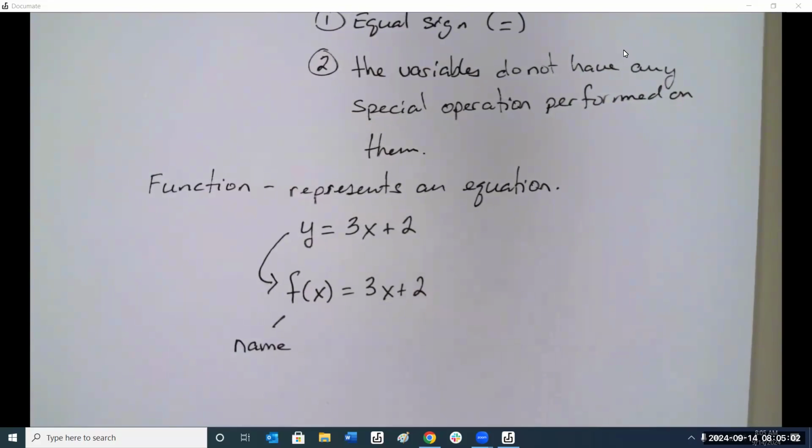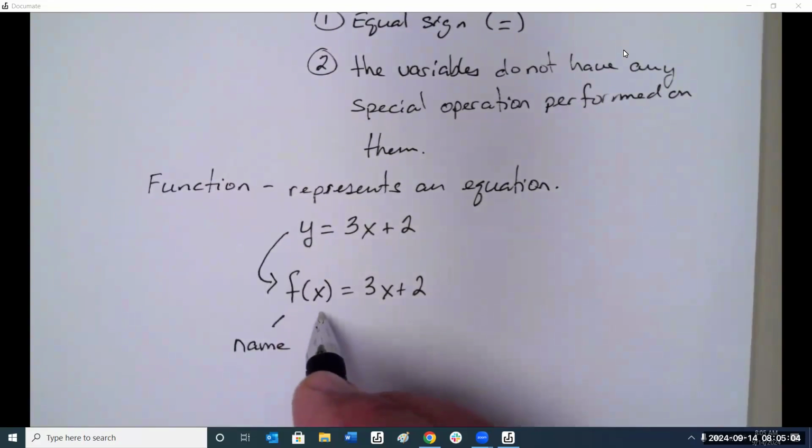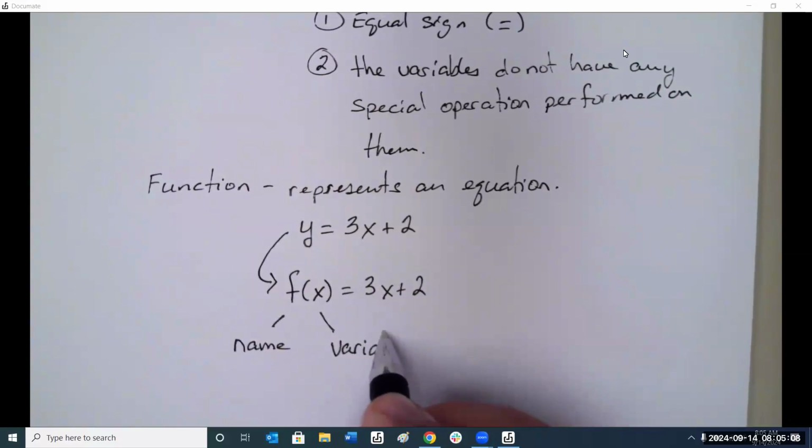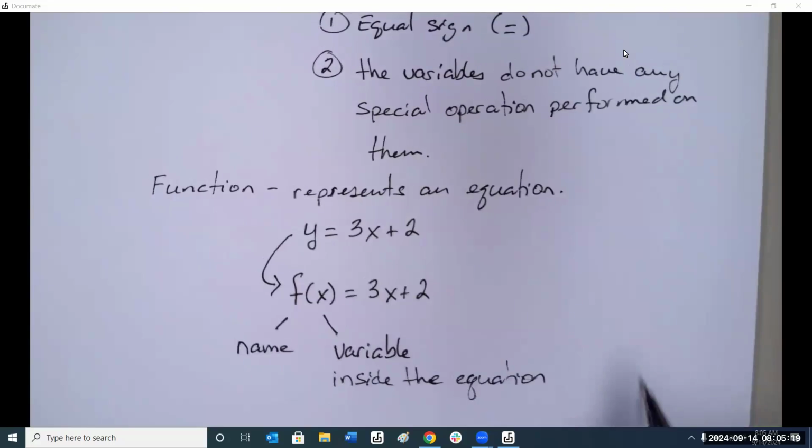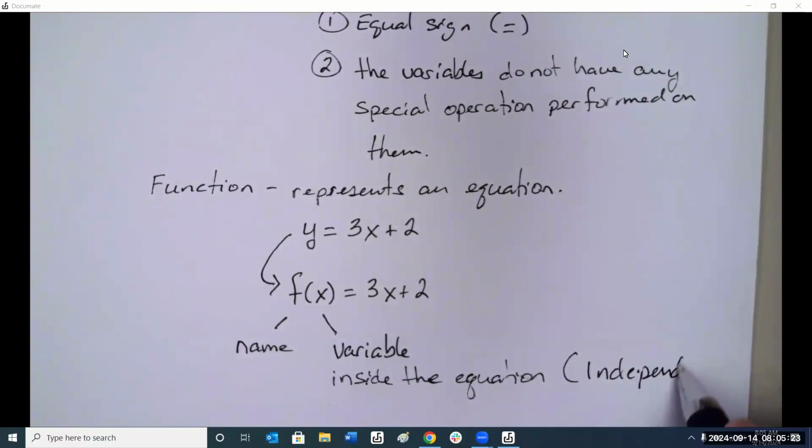The name of the function and the only variable inside the equation. In other words, the independent variable.